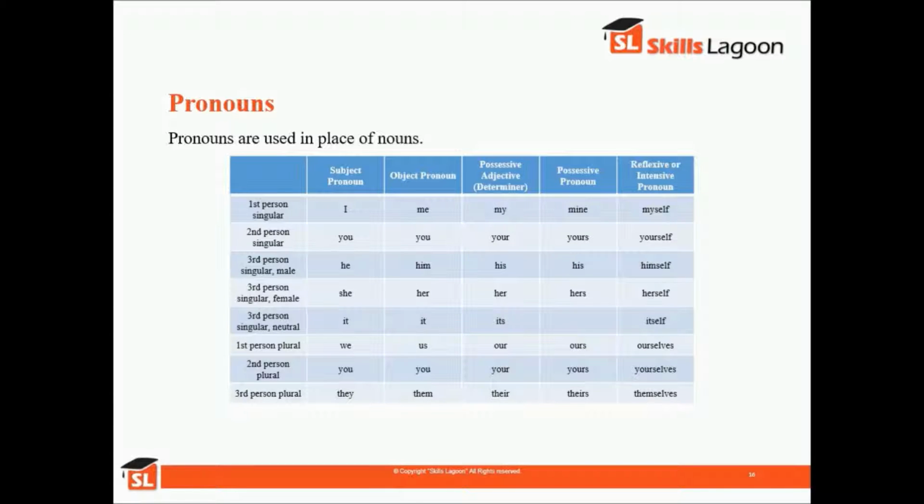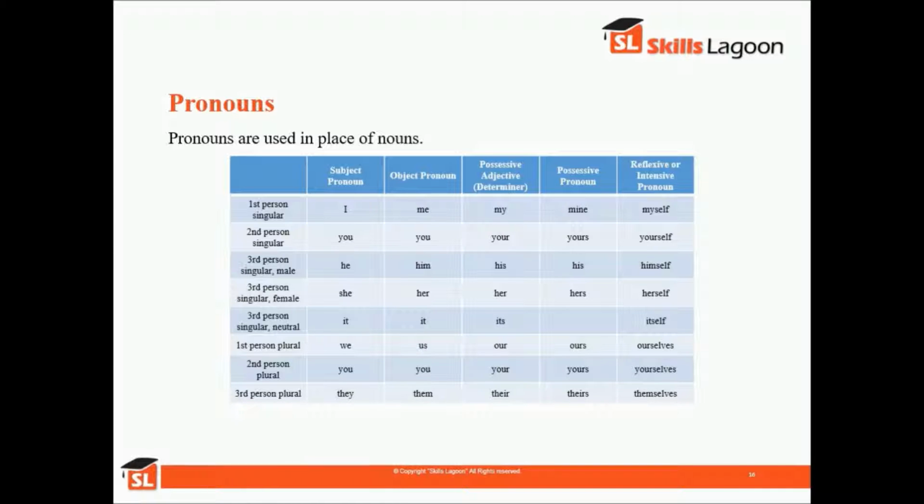First person plural, we subject, us used as an object, then our is a possessive adjective, ours possessive pronoun, and ourselves is a reflexive pronoun. Second person plural, you is a subject pronoun. You can, as earlier, be used as an object pronoun.